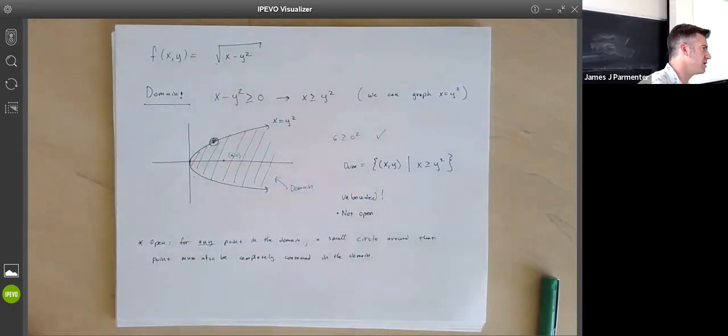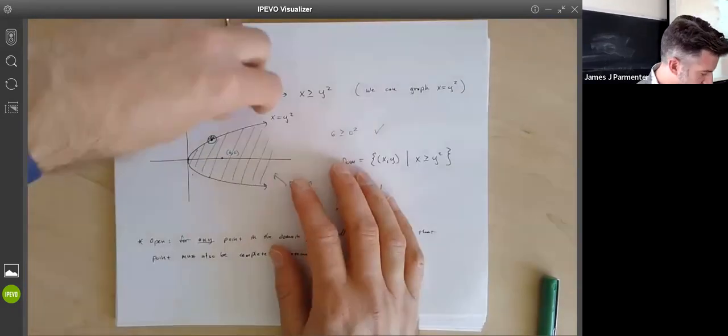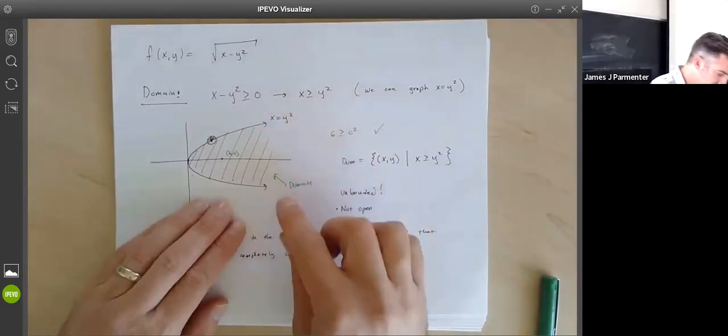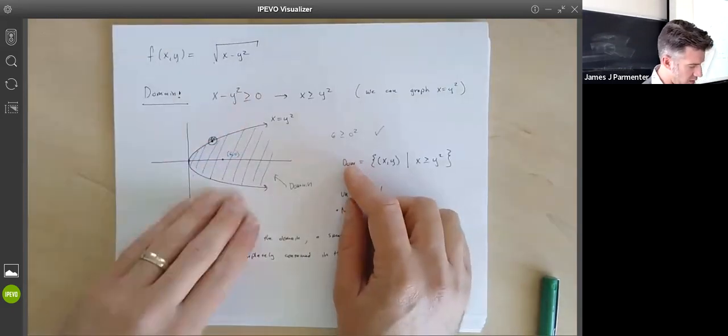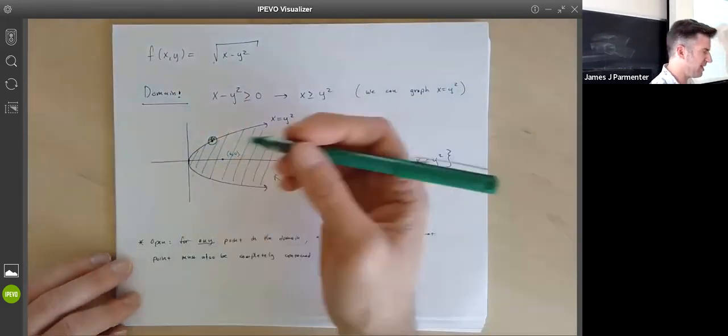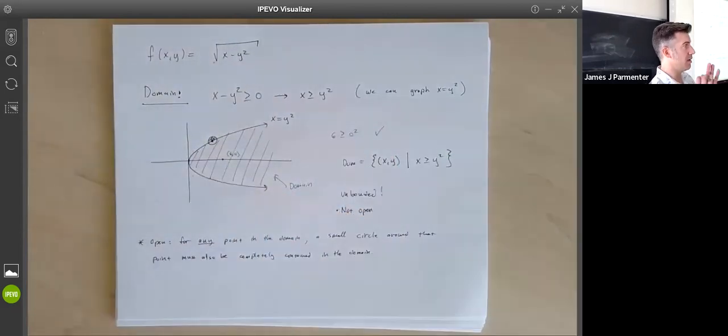Is it closed? Closed is always hard for me. So if I'm asked about closed, I ask myself, is the complement open? I look at all this stuff over here that doesn't include this boundary. Is this entire set open? I think it is, because any point I pick in there, a small circle around it is also going to be included in there.